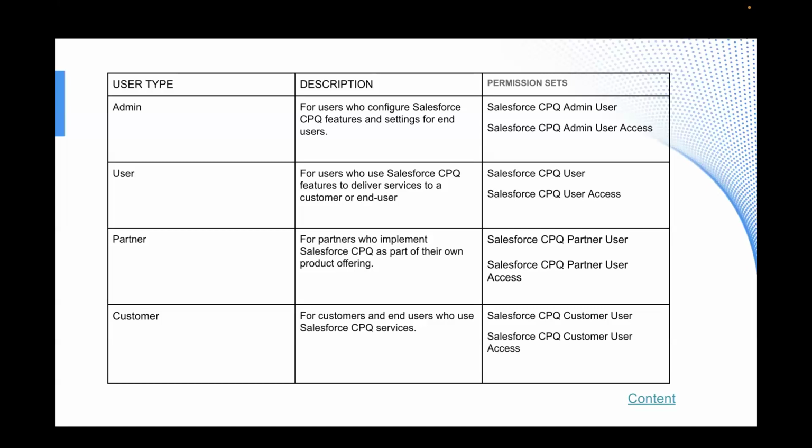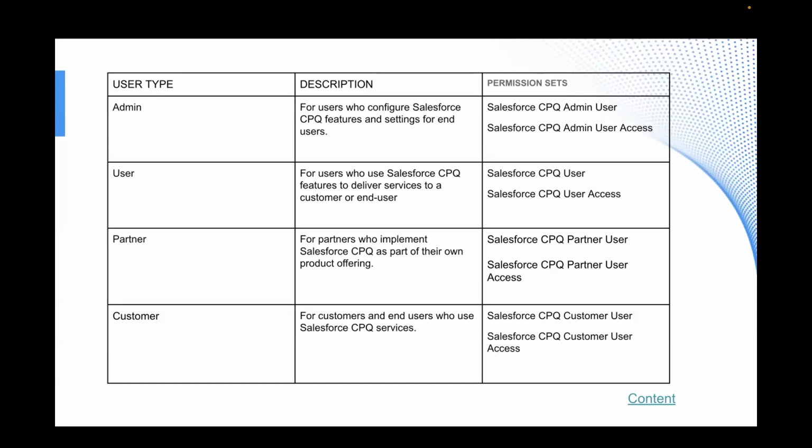Then we have partner users. If we are using a channel model, we do not sell products directly to the customer, but we sell our products through a partner to the customer. In that scenario, to the partner users, we can assign a partner permission set, like Salesforce CPQ partner user, and then Salesforce CPQ partner user access.